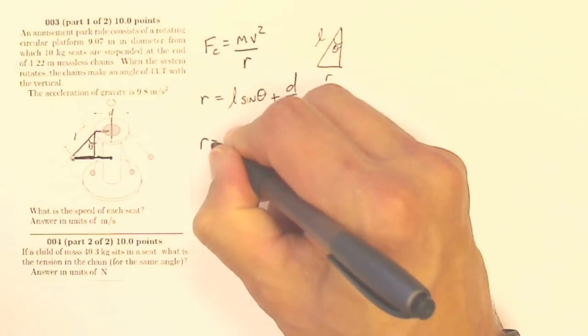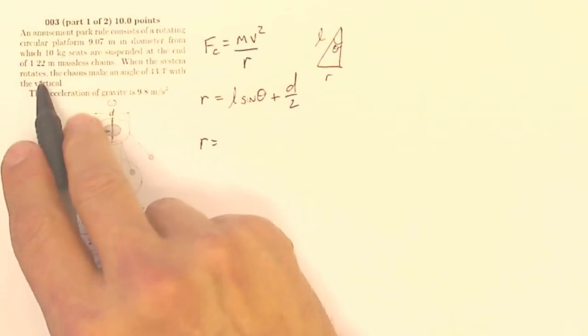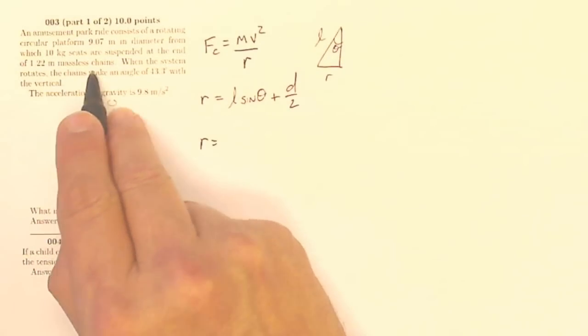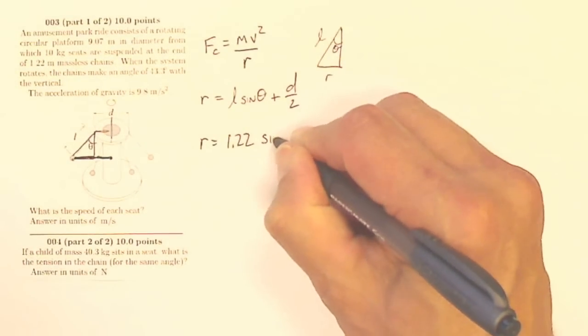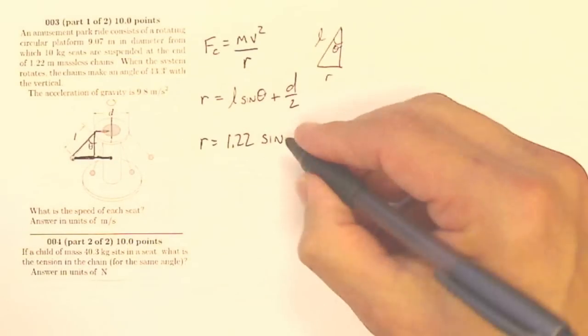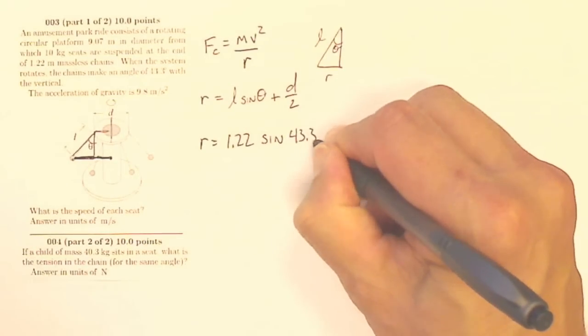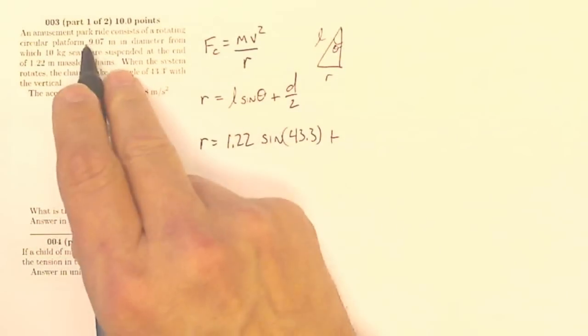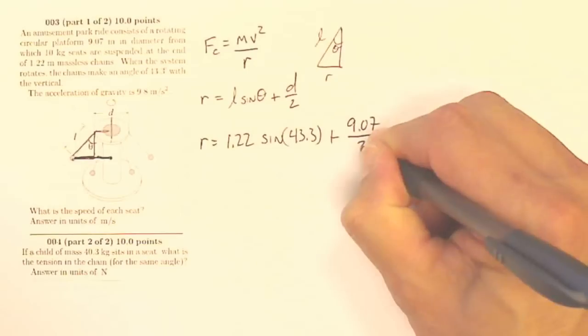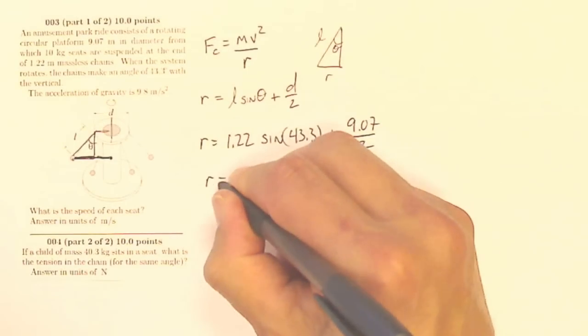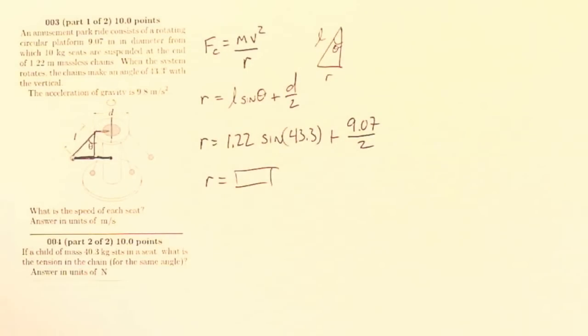For me, I've got 1.2 meter chains, so I've got 1.2 times the sine of 43.3 degrees plus the 9.07 meter diameter, so that's 9.07 over 2. That's going to give me my radius.